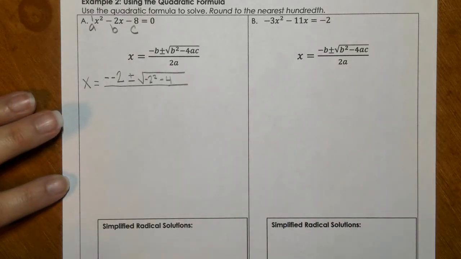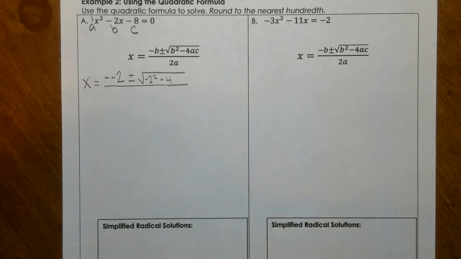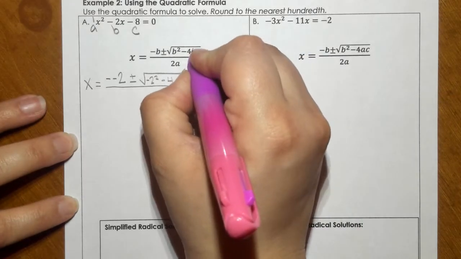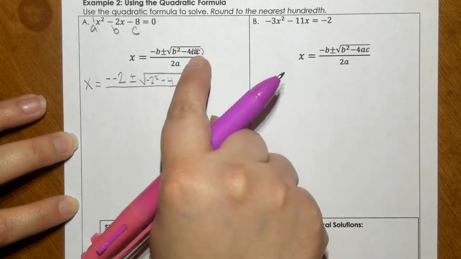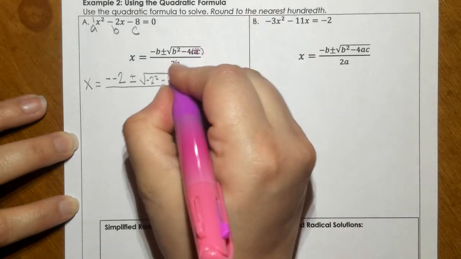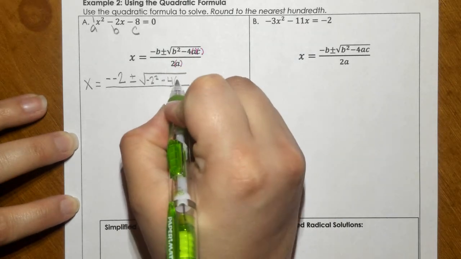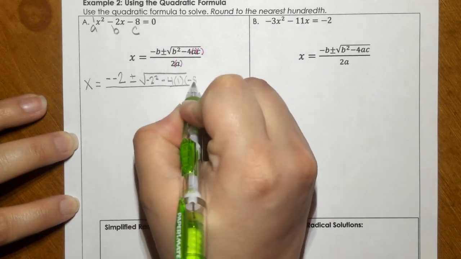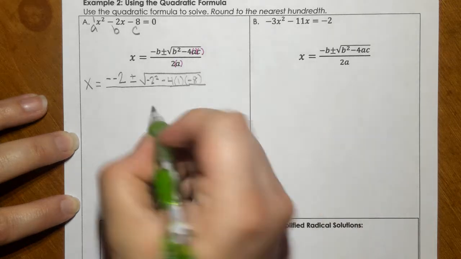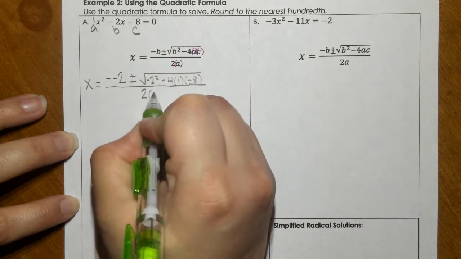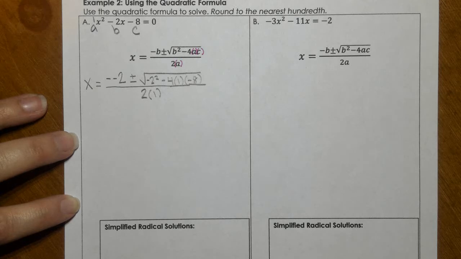And we have discussed many times that we're going to put parentheses around this part here and around this part here. So we would say negative 4 times 1 times negative 8. And then that is all over 2 times a, which is 2 times 1.